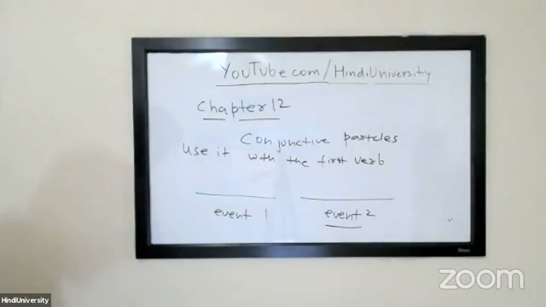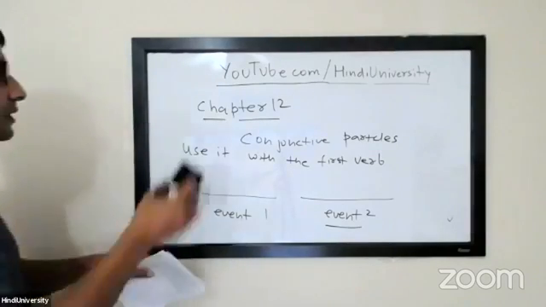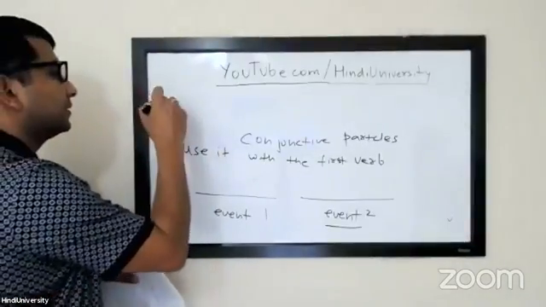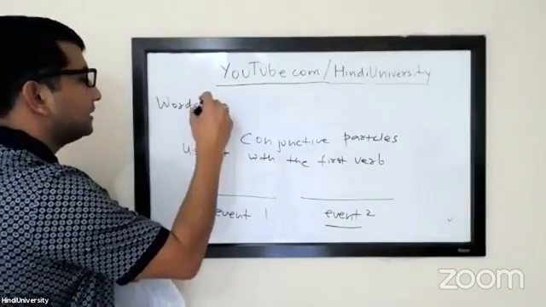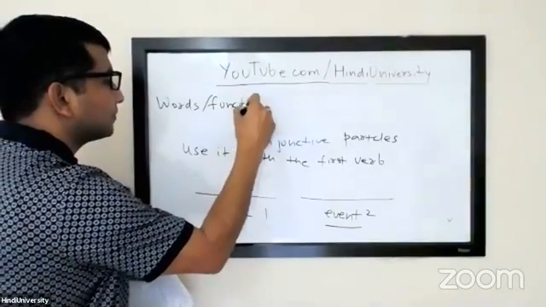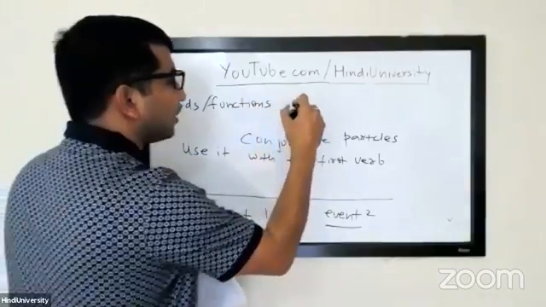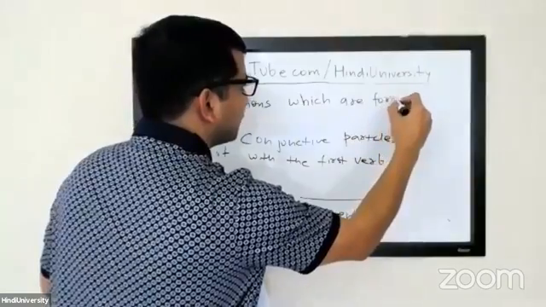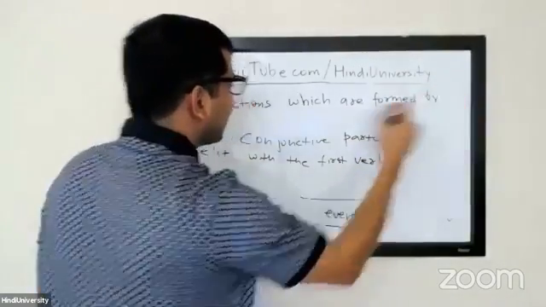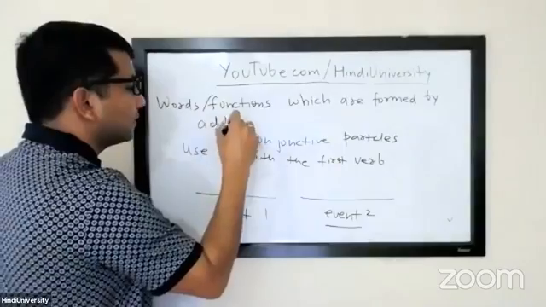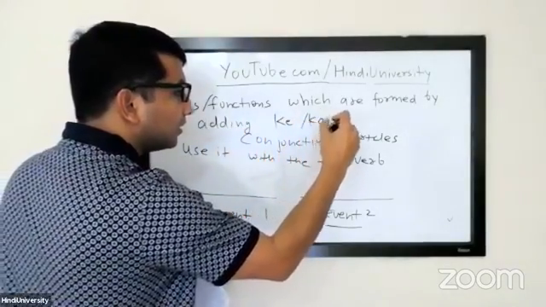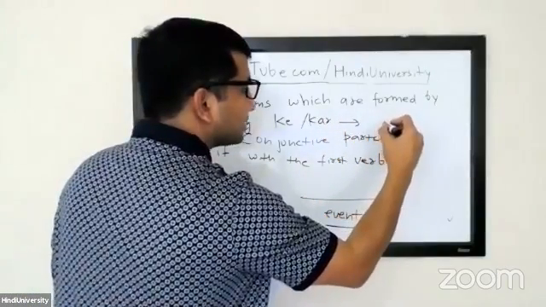And what are those? These are a range of words or functions which are formed. I'm going to write down the definition here. These are words or functions which are formed by adding k or kar to the base stem of the verb.